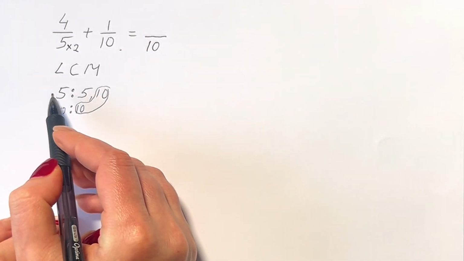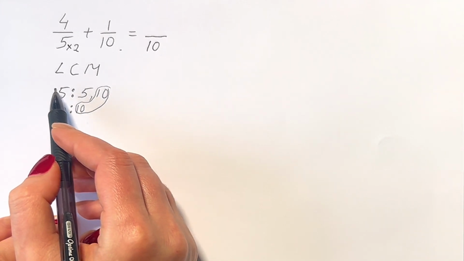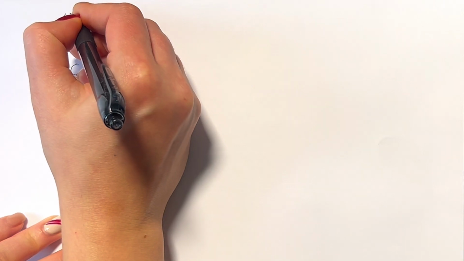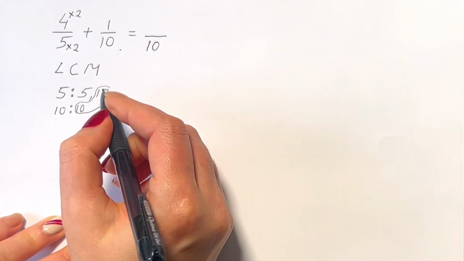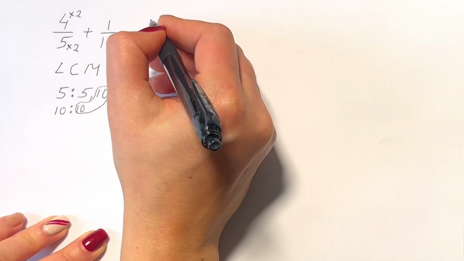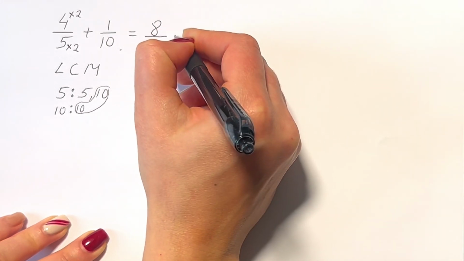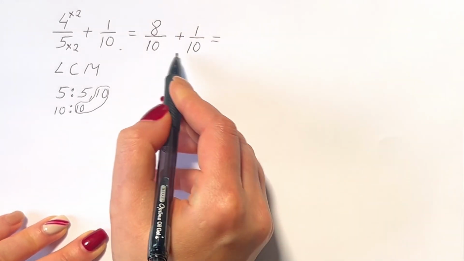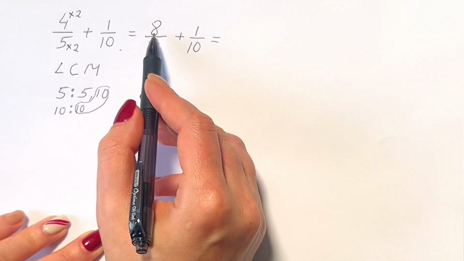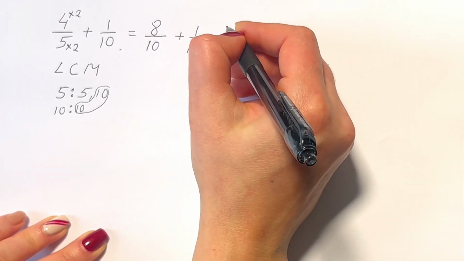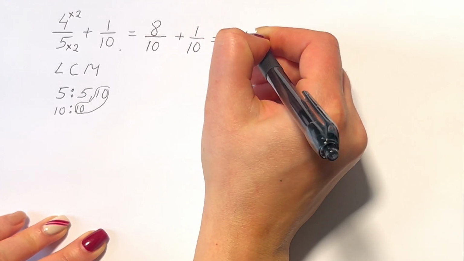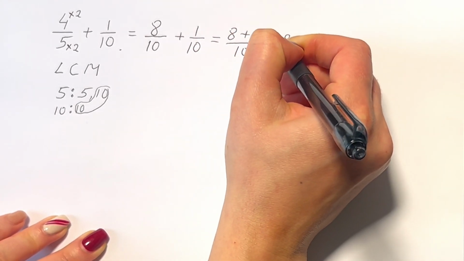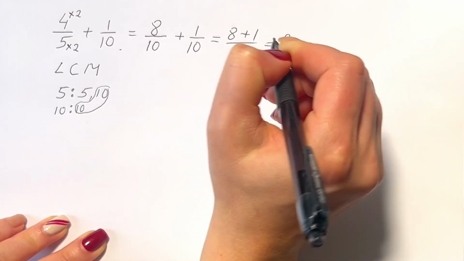But you remember, to have equal fractions, whatever you do to the denominator, you have to do the same thing to the numerator. So 4 times 2 is 8, plus 1 over 10. Now my denominators are the same. I'm just going to combine the numerators. 8 plus 1 over 10, which is 9 over 10.